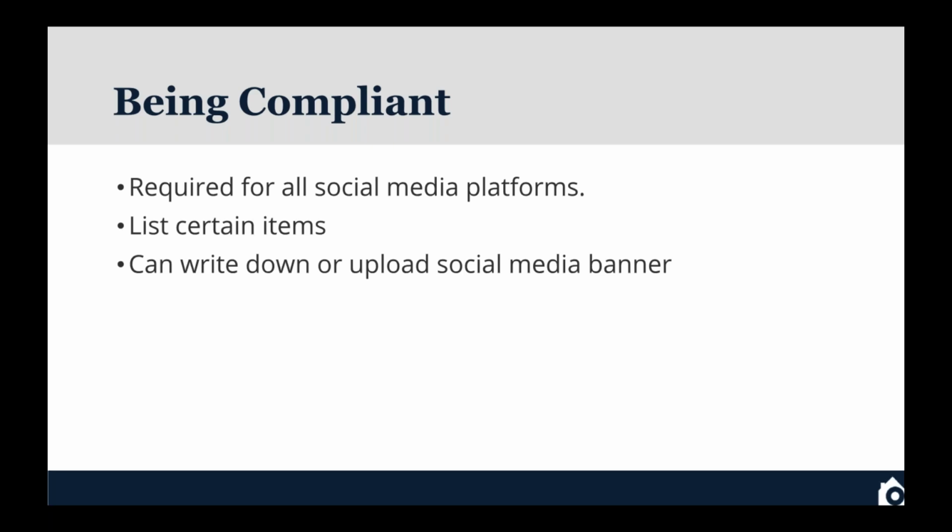So if you have a Facebook business page, you're going to go right to your Facebook business page, click on about, then look at certain items, click on edit, and type in what you need to type in. Then just click on save.